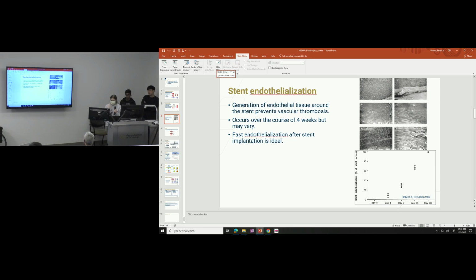And then this graph below shows the stent endothelialization percentage over about a month period. And this is what we planned to mimic in our study. So here at day 0, obviously there's no endothelialization. And by day 28, it looks like it's 100% endothelialized.